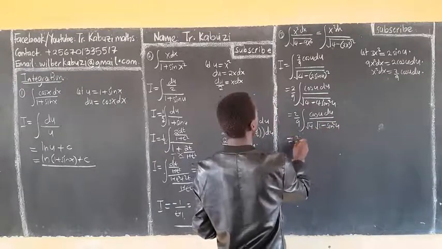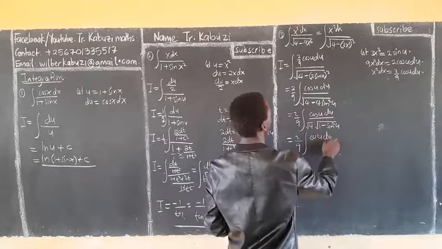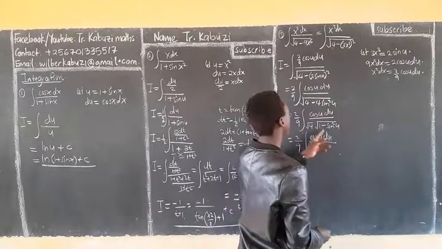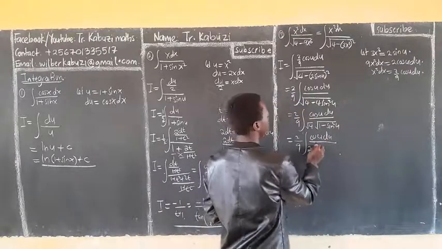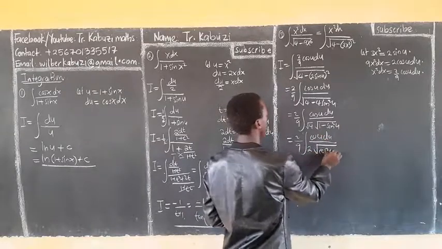This will give us 2 over 9 cos u du over 2, then the square root of cos squared u.